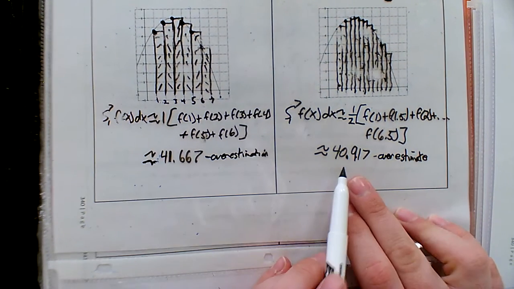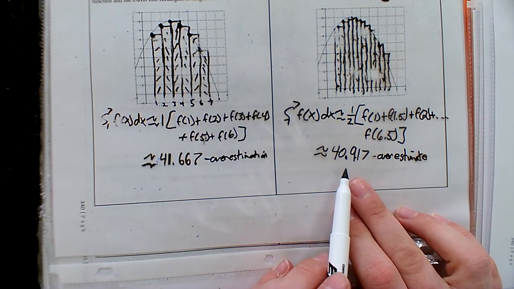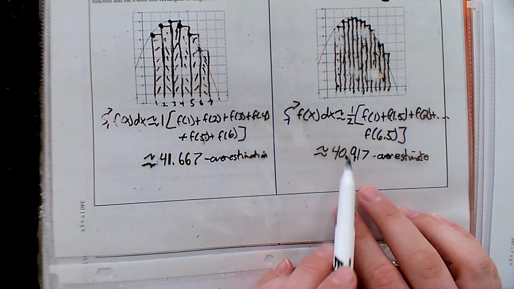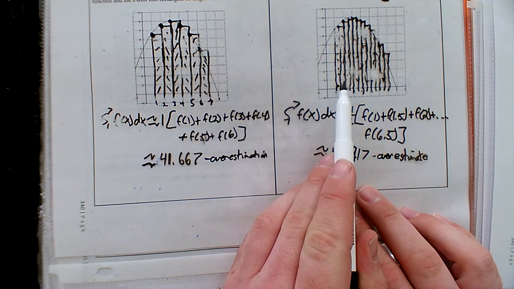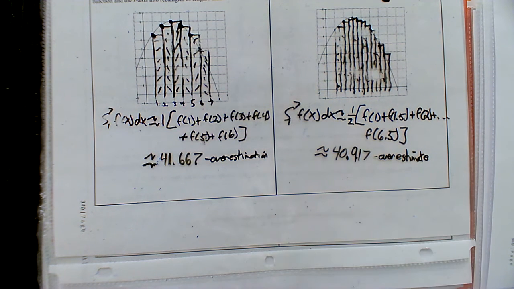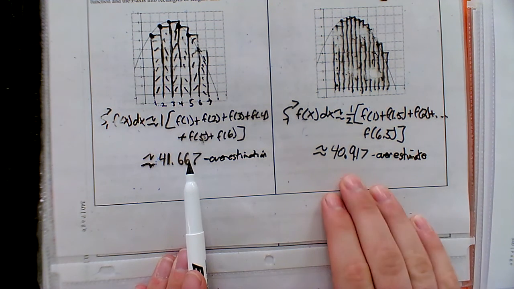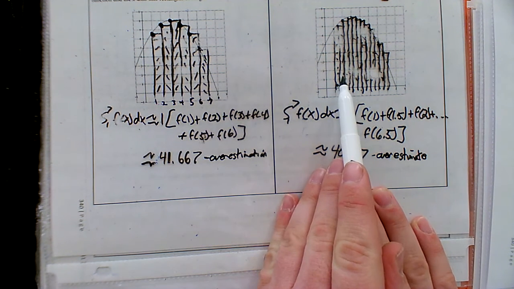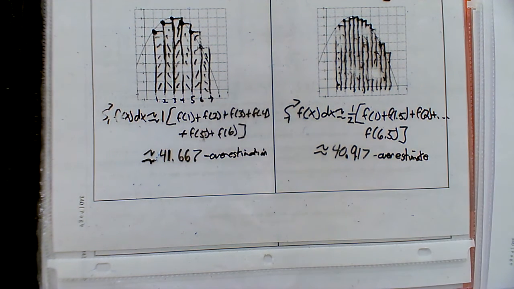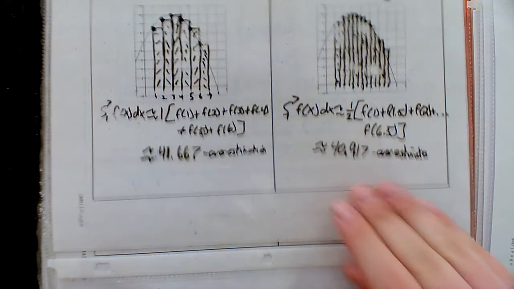Then we made the interval even a little bit smaller, and we got closer. So we went from 42 something to 40.9. So as we make these smaller and smaller, there's less overlap. So we're going to get closer and closer to the actual value of the integral. So again, that's why it's an estimation. But as we get these closer and closer together, that estimation is eventually going to come very, very close. Okay? Are we okay with the understanding of the idea behind it?